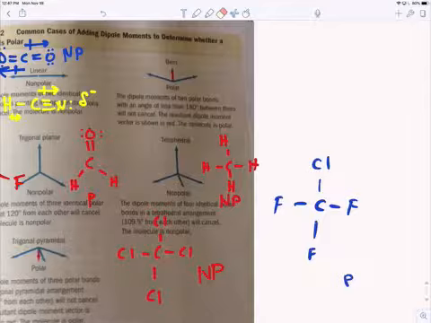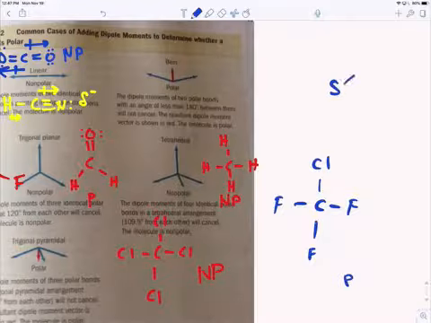So octahedral geometry, if every single group is the same, it's nonpolar. If you have an octahedron, let's see here. So sulfur. This is a made-up molecule. It would never work.